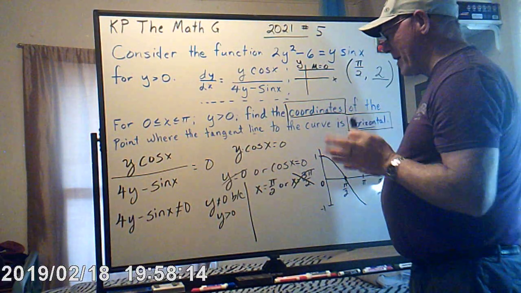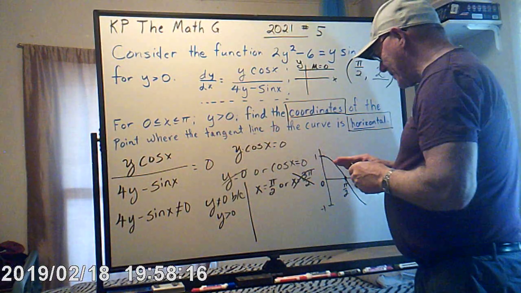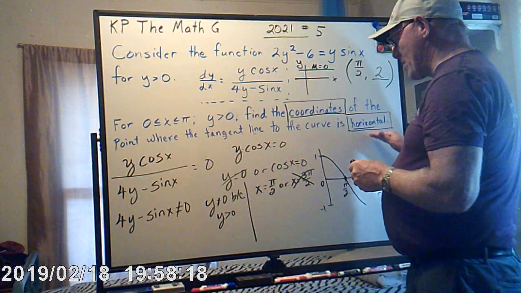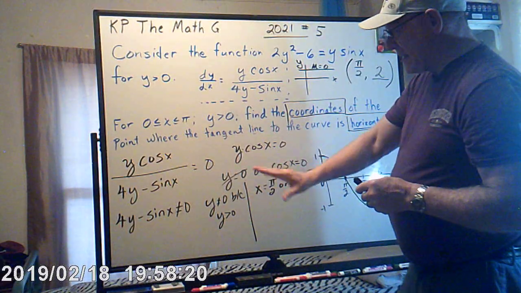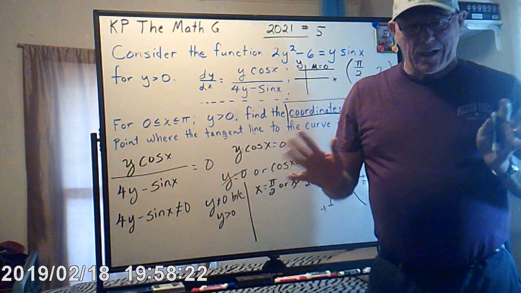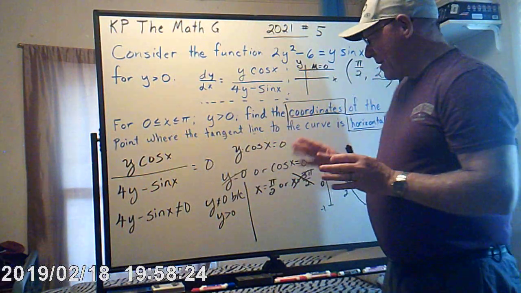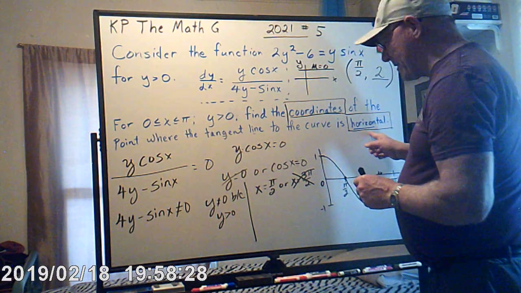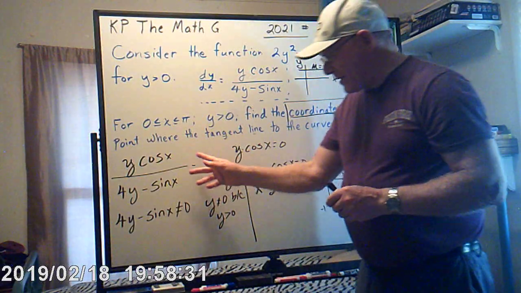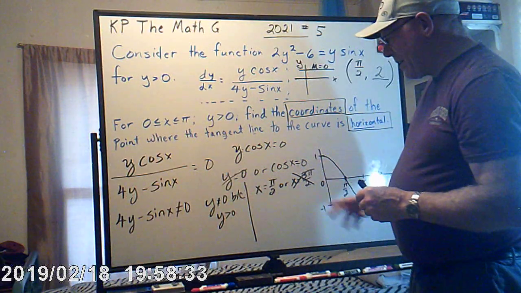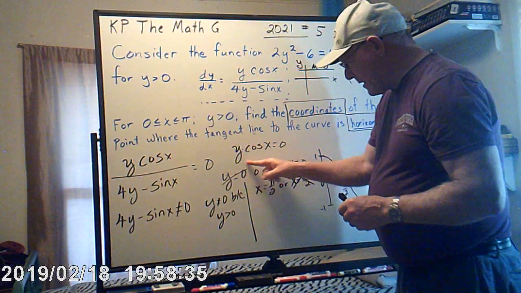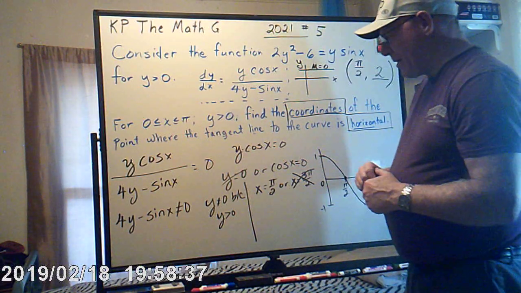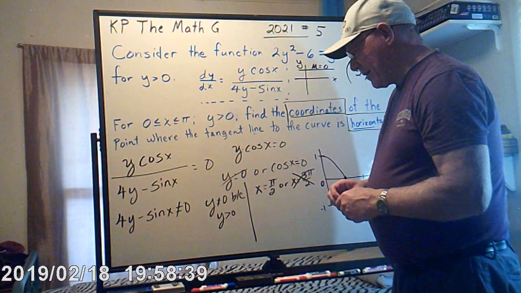You have to remember that the tangent line to the curve is horizontal. That means that this slope, you have to think about it then in this term, that's the key right here. The tangent line to the curve is horizontal, which means the slope is equal to 0, which means really we're just setting this numerator equal to 0 here.